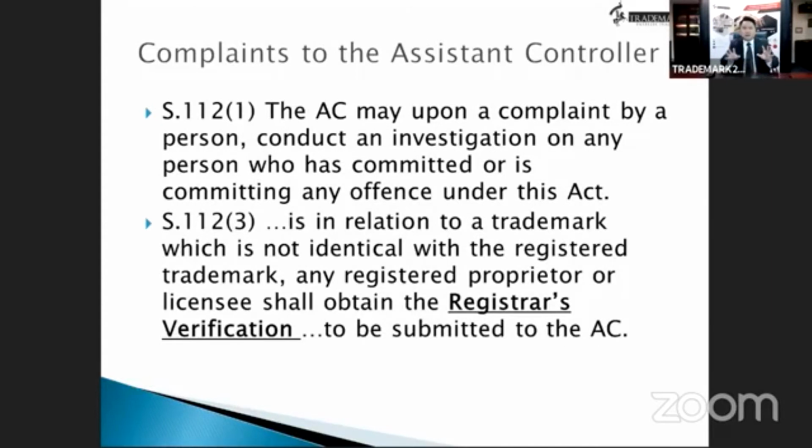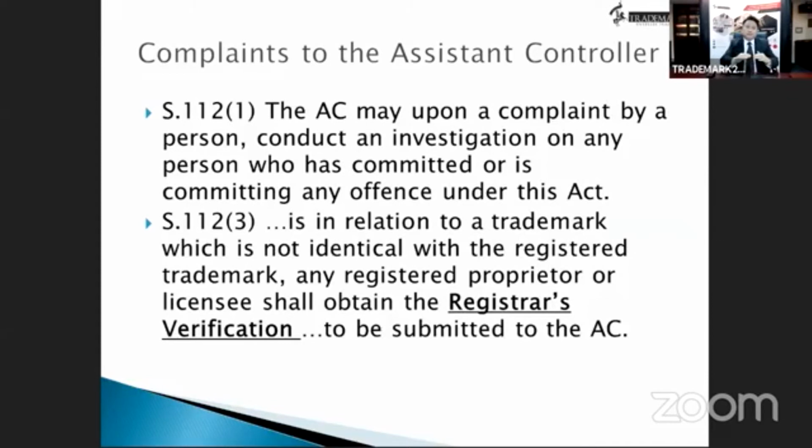Because the enforcers don't want to take up the case, they're afraid they might exercise the wrong judgment. So they would ask the complainant, why don't you get your lawyer to go to court and get an order so that I can act on it? This will take time, money, and a lot of effort, because we have to prove to the judge that these two things are quite similar and quite confusing. So the judge has to agree to it.